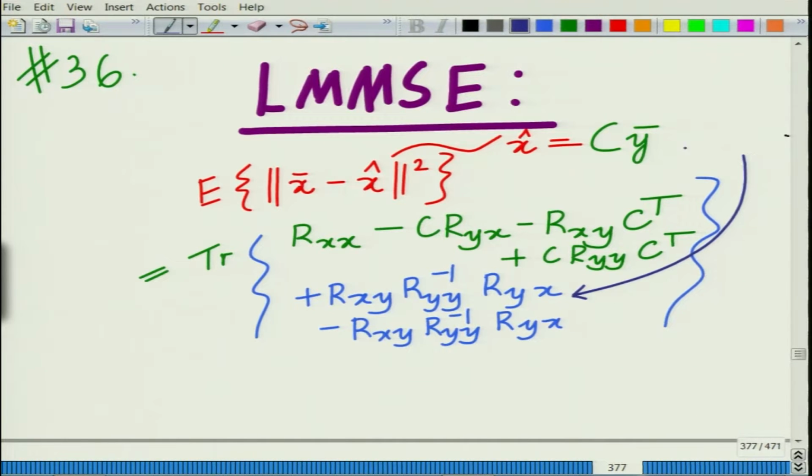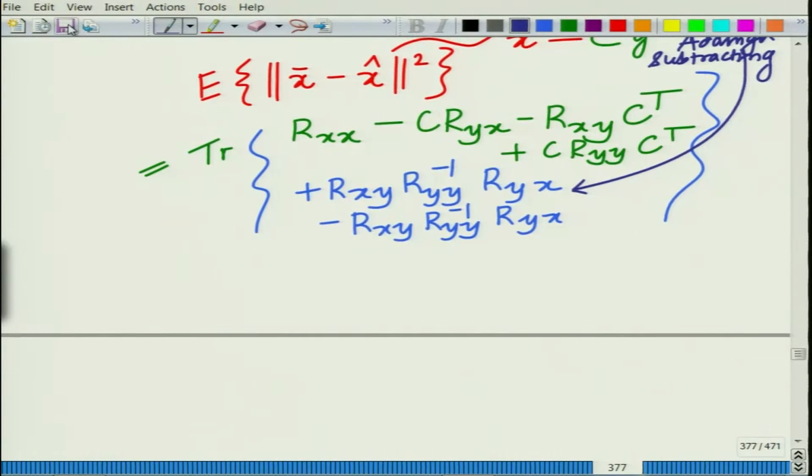Therefore, if we want to minimize this, that becomes equivalent to minimizing the quantity that we have just written over here.